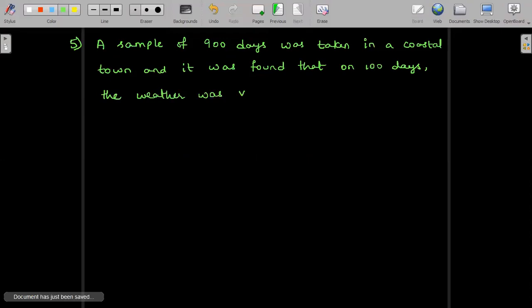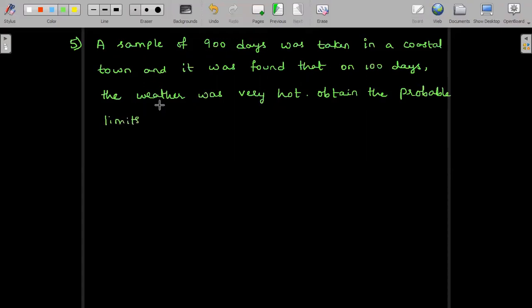Obtain the probable limits of the percentage of very hot weather.